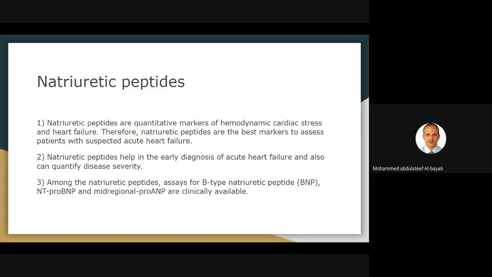We can also measure the aldosterone level and cortisol to distinguish primary from secondary hyperaldosteronism. This was what concerns us regarding the hypertensive investigation.